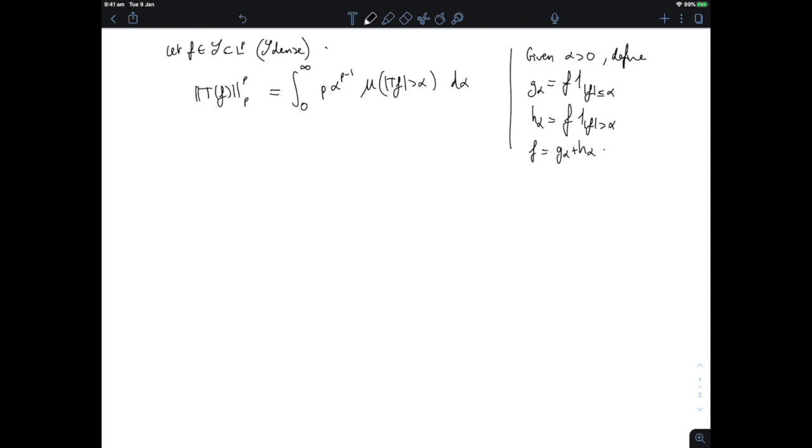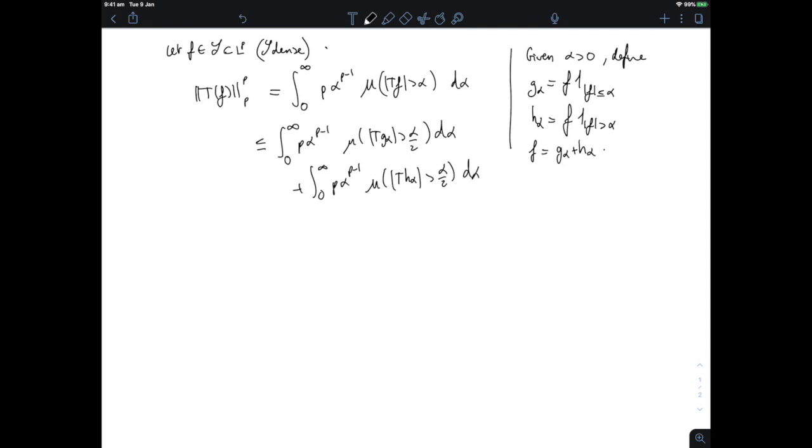So if |Tf| is large, then either |T g_alpha| is large or |T h_alpha| is large, because if they were both small, then, because my map T is linear, I would have that Tf has to be small. So this has to be smaller than the integral of the measure of the set where |T g_alpha| is greater than alpha over 2, d alpha, plus the integral of the measure of the set where |T h_alpha| is greater than alpha over 2.